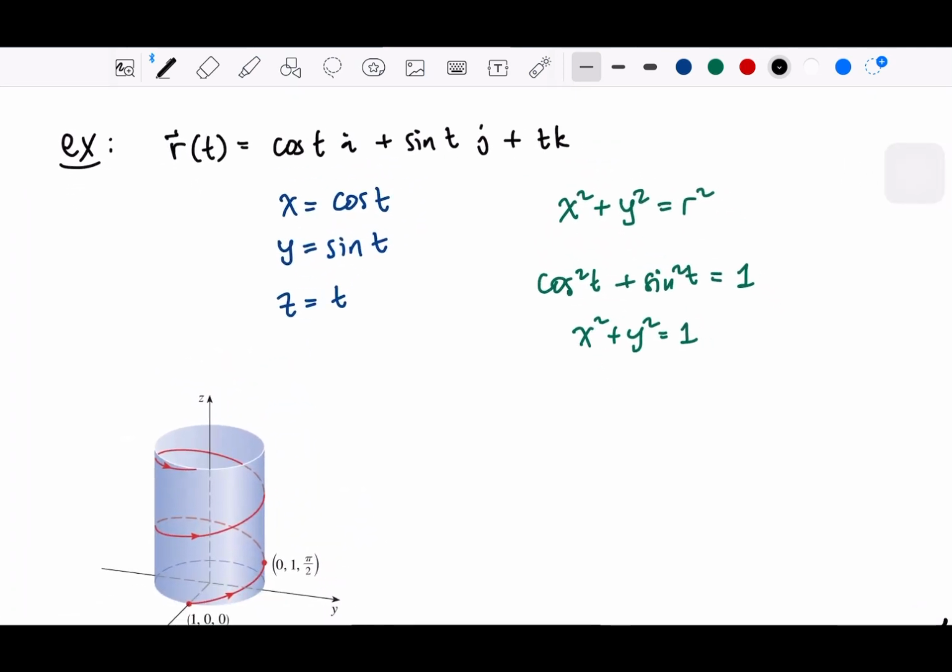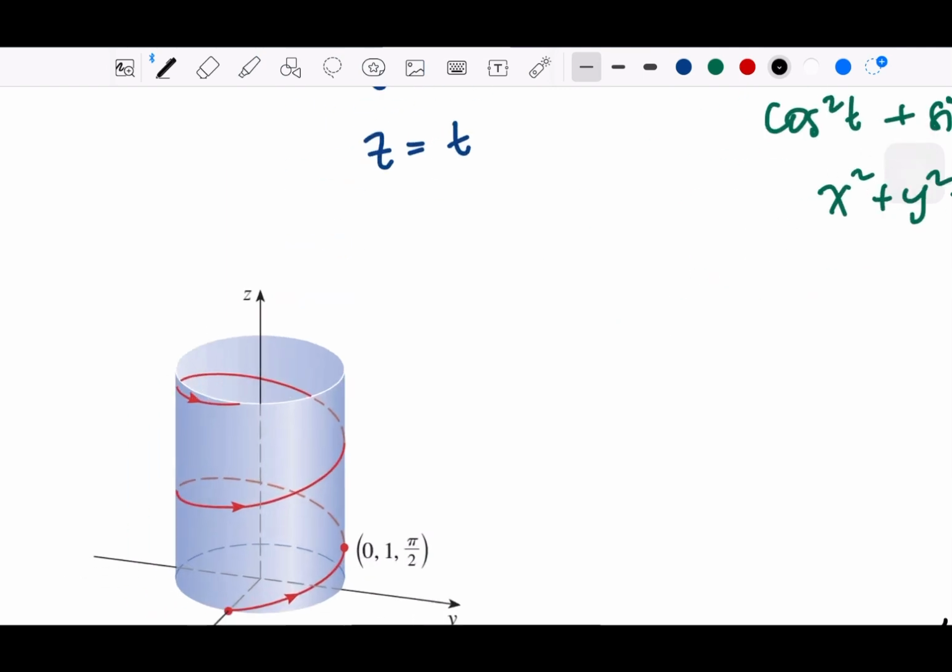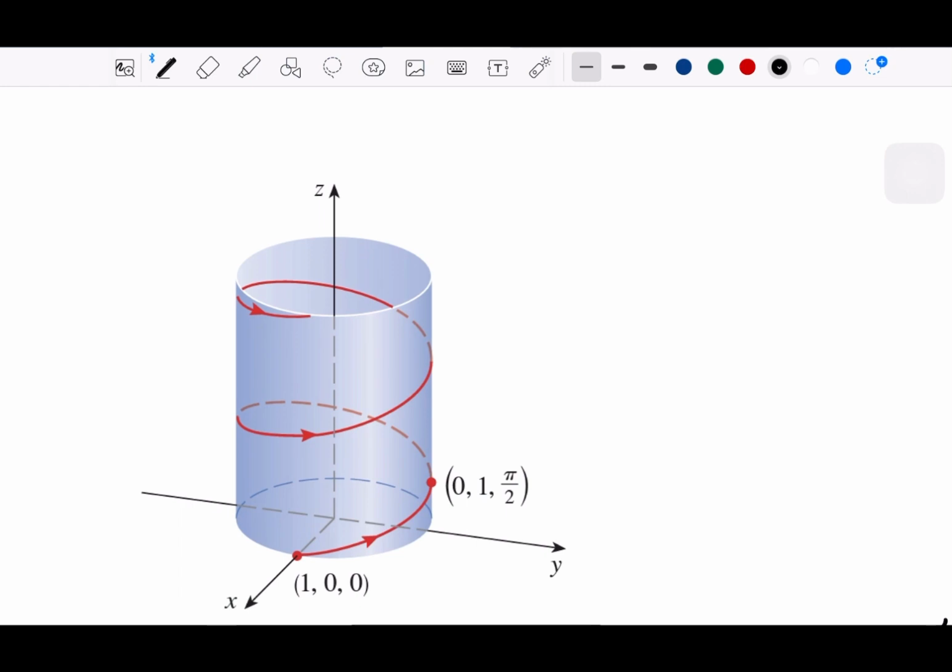When you trace r equals cosine t i plus sine t j plus t k, it means we trace for every possible value of t. So for example, we start by looking at this. Let's say we start from r of 0, this point here, (1, 0, 0).